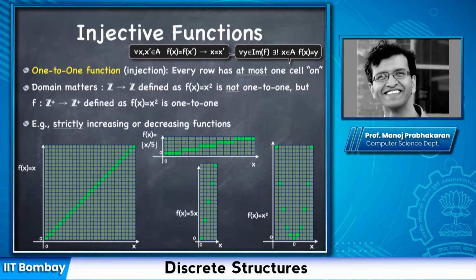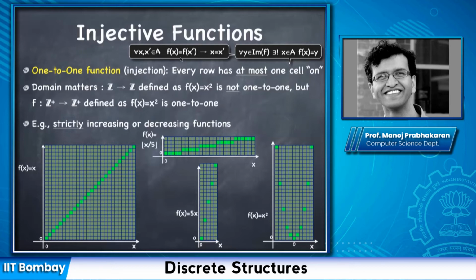There could be y in the codomain of f which are not in the image of f. So those do not have any x mapping to them. We are okay with that. But whenever there is some x mapping to y, we want it to be unique. We don't want two x's to map to y.